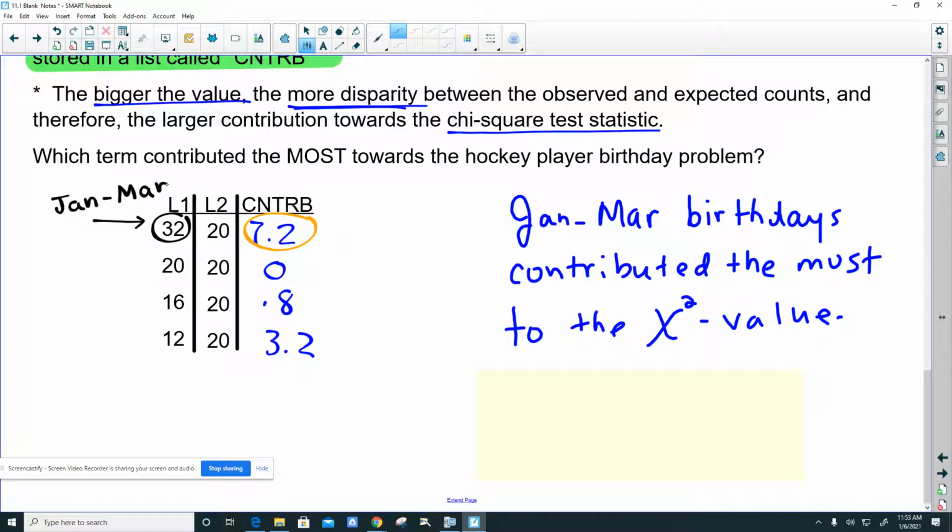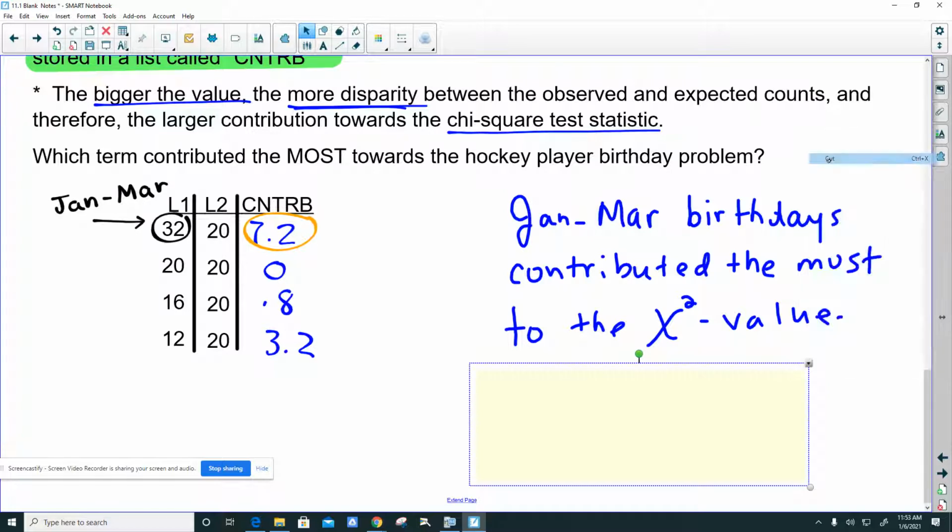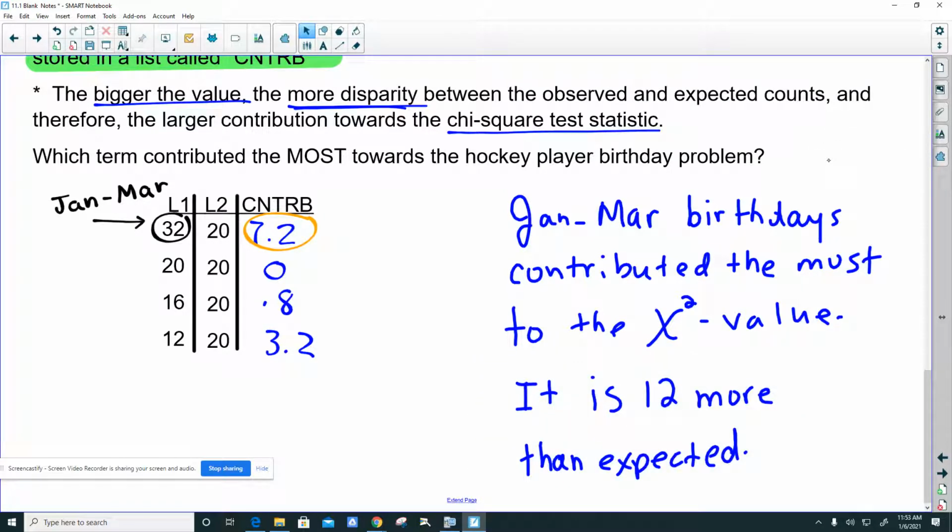Okay, so we can make the statement, January through March birthdays contributed the most to the chi-square value. And then they often want you to remark by how much. Well, we can say that it's 12 more than what's expected. Okay, now where am I getting the 12 from?